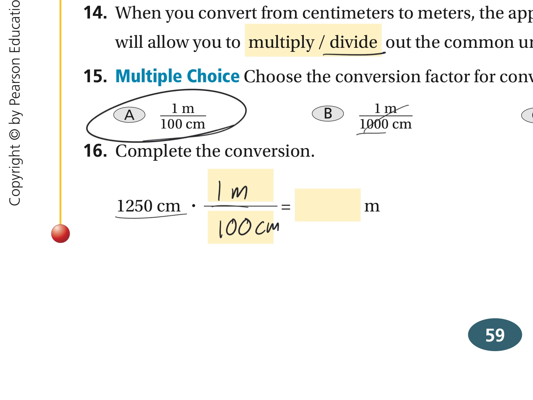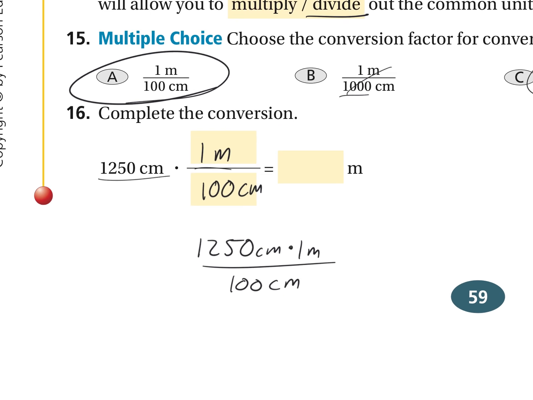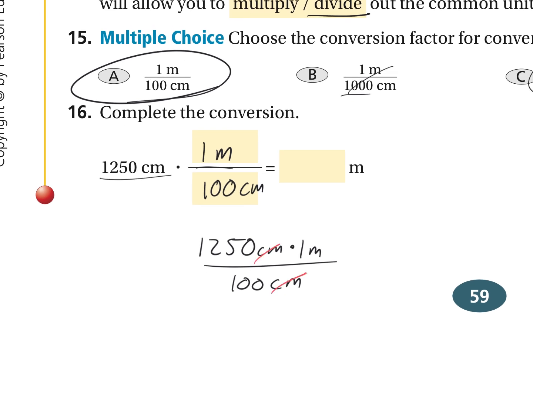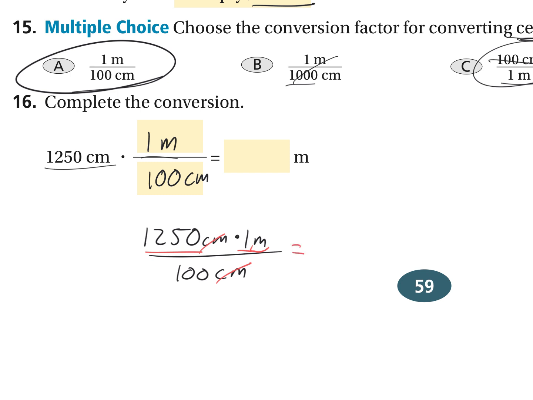1250 centimeters times 1 meter over 100 centimeters. Think of it like the unit's going to cancel out. There are no centimeters anymore, there's only meters. So we have 1250 times 1, which is just 1250, divided by 100 meters.